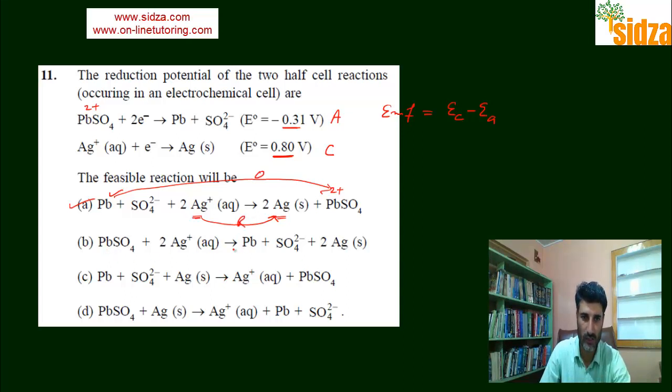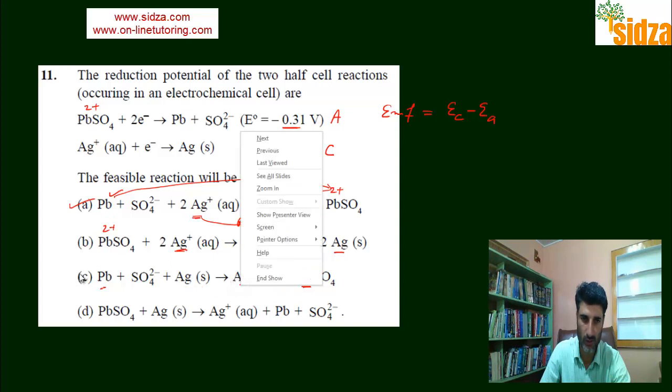Over here you can see this is not correct, because the lead is also being converted from 2+ to 0, which is reduction, not correct. Lead to lead 2+ is oxidation, that one is correct, and silver to silver ion is also oxidation, so again this is not correct.